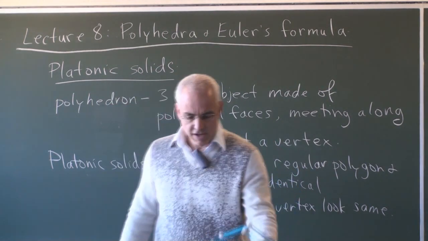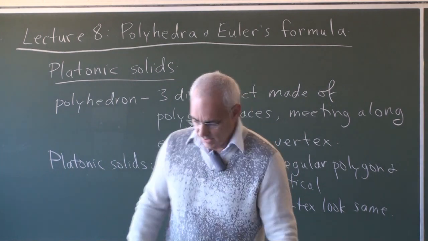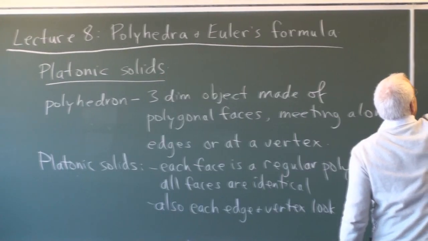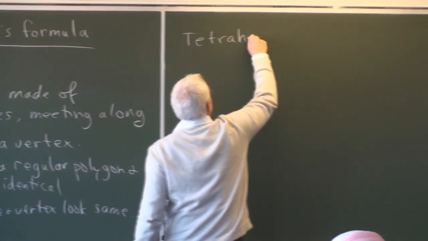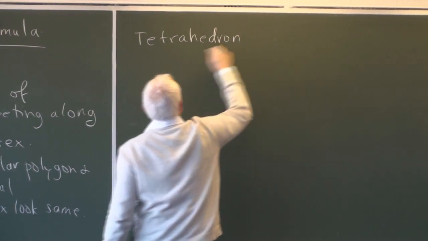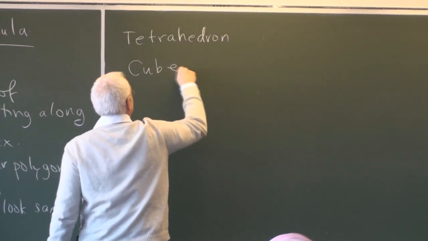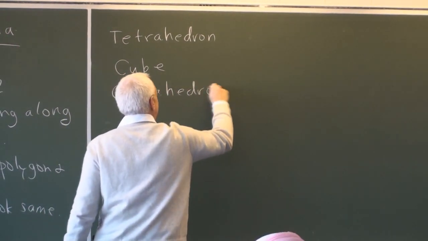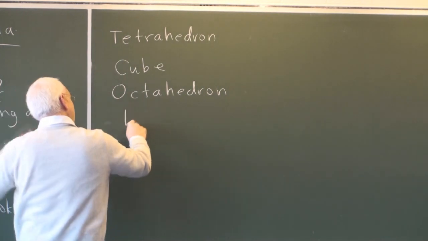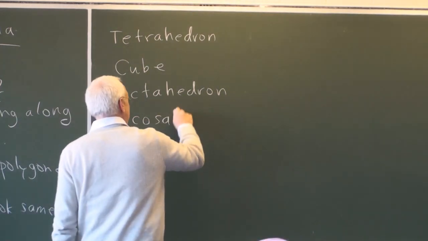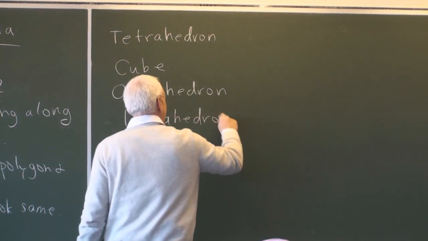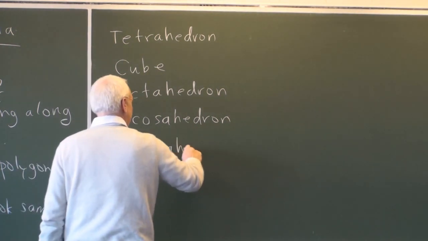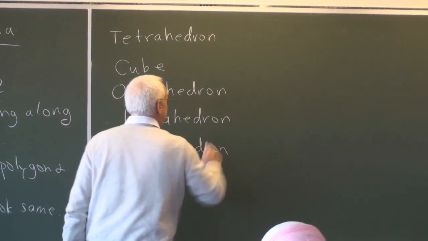Okay, so what are the 5 Platonic solids? Well, we have to list them. So the first one is the tetrahedron, and then there's a cube, and then there's an octahedron, and then the icosahedron, and finally the dodecahedron.